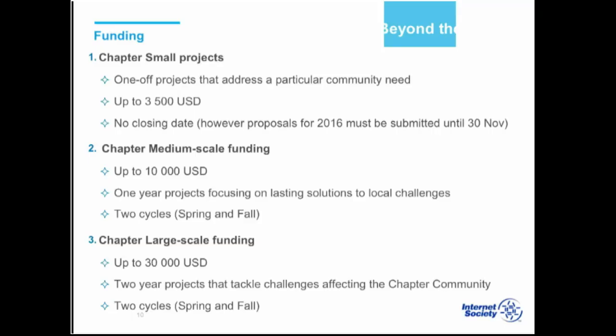It doesn't require a lot of effort. There are no closing dates and no selection review process that takes 1 to 3 months. It's done on the spot as a project comes in.